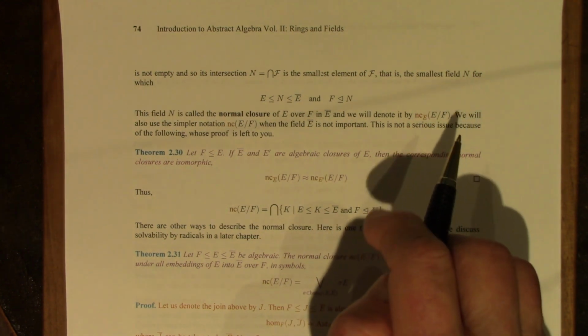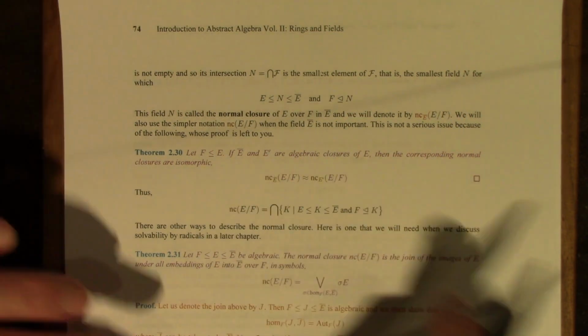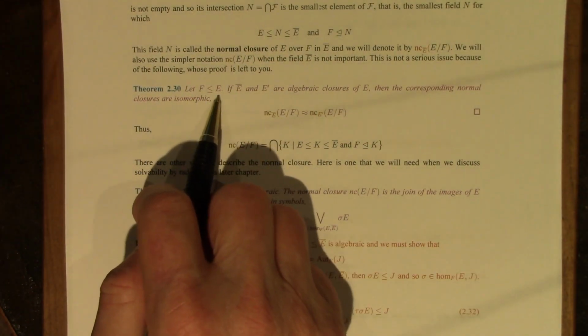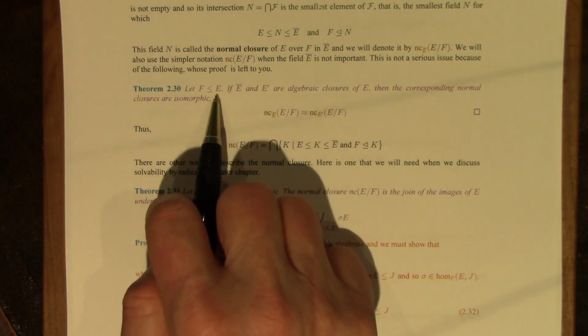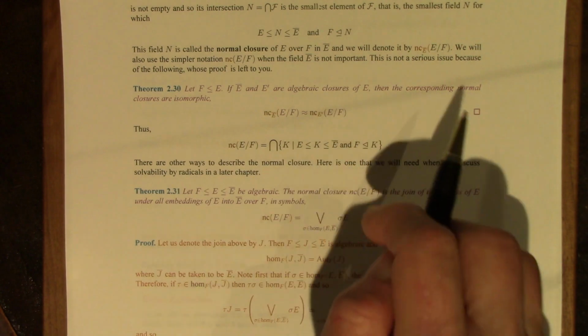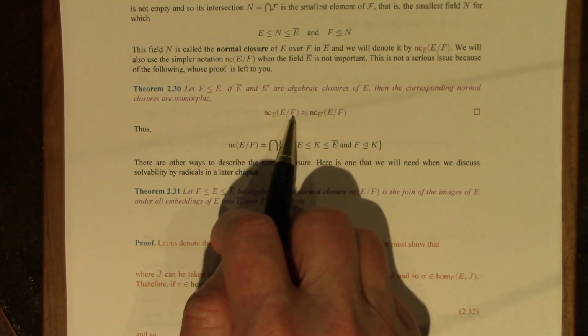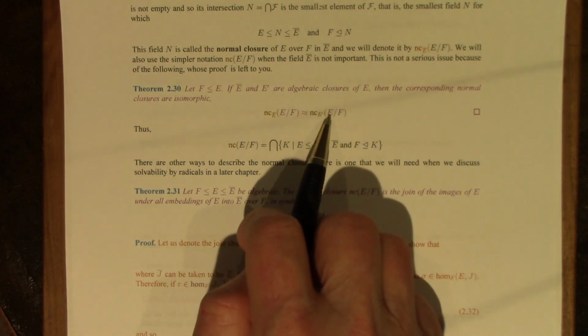It's not a serious problem because of the following theorem, and the proof is left to you. If F E is an extension, E bar and E prime are algebraic closures of E, the corresponding normal closures of E over F, one in E bar, one in E prime, they are isomorphic.